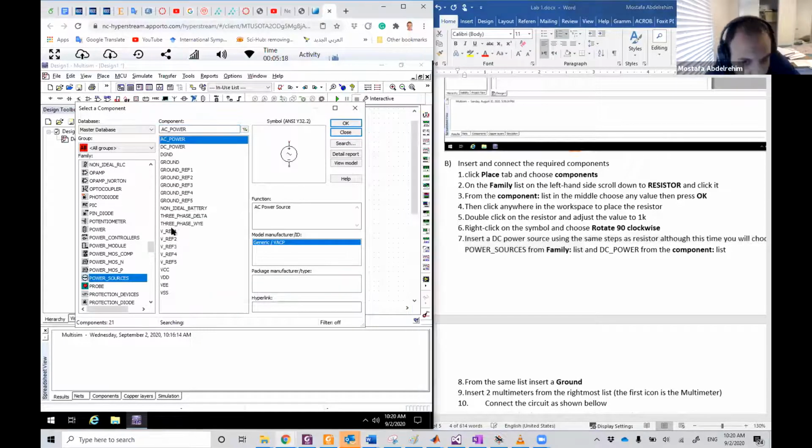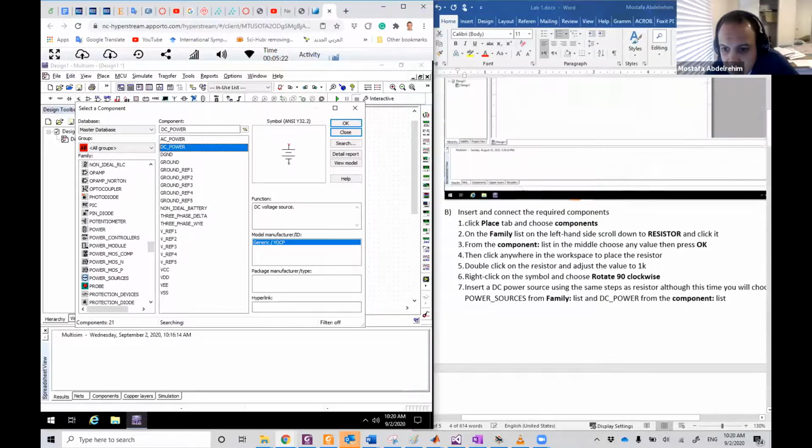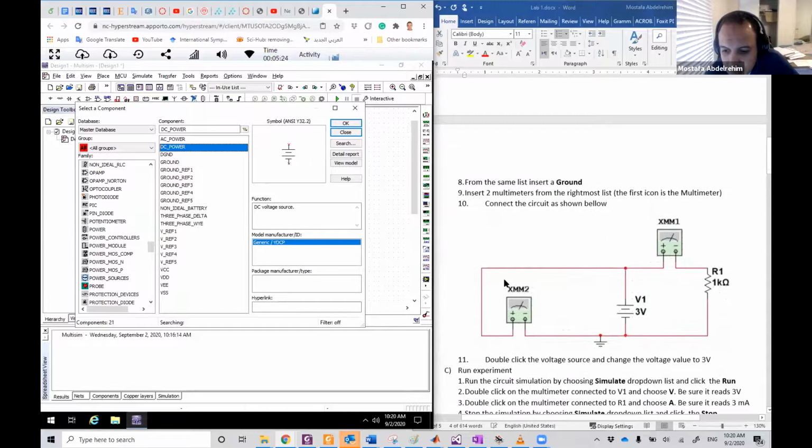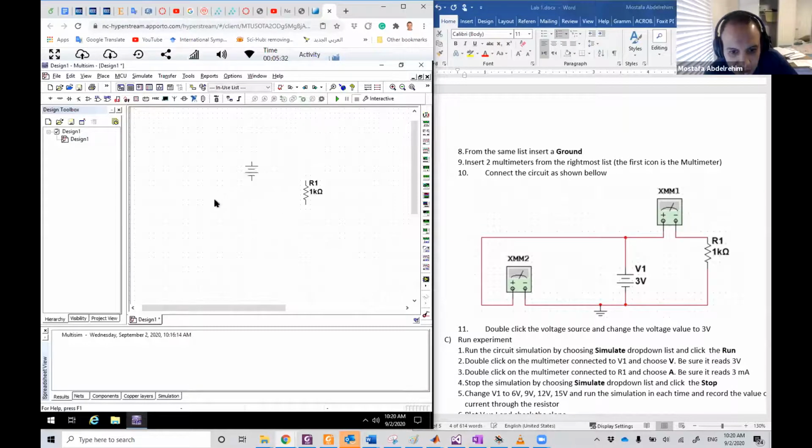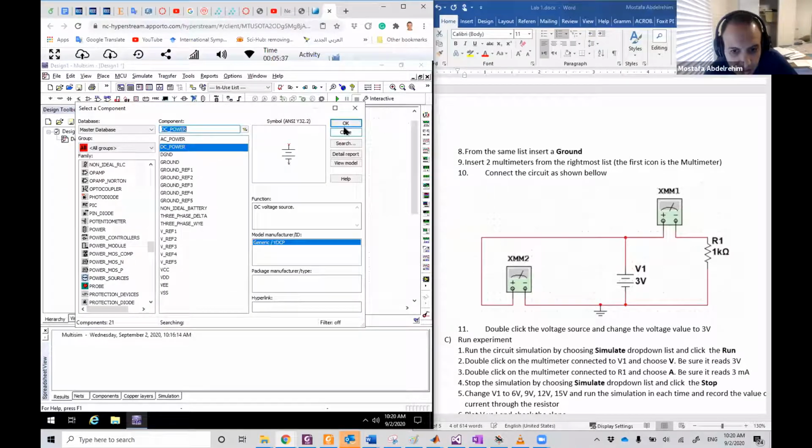Yes, this guy, power sources. And we have the DC power source. In our circuit here, we have a DC power source. So choose DC power source and then click OK. It will move again.